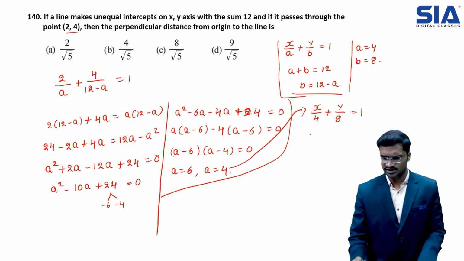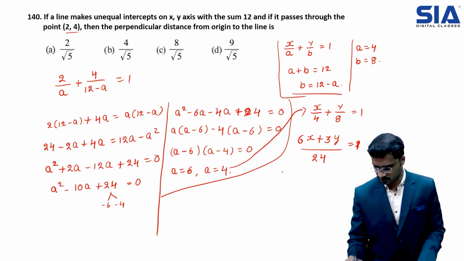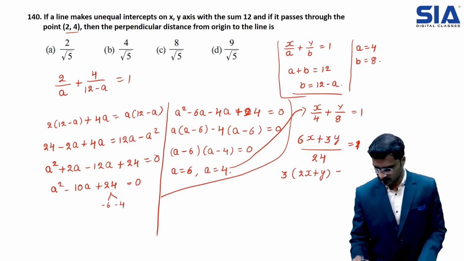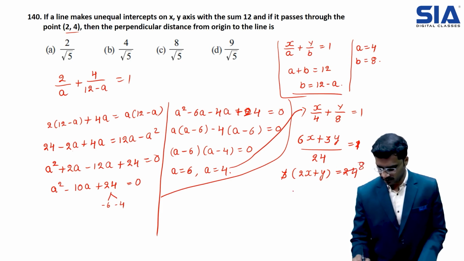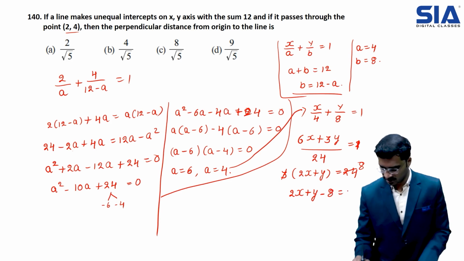See, 3 8s are 24. So x y divided by 24. 4 6 are 24 plus 3 8s are 24 is equals to 1. Then let us take 3 as common here, which is 2x plus y is equals to 24. I can write this equation as 2x plus y minus 8 is equals to 0.